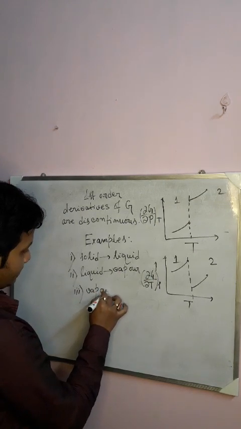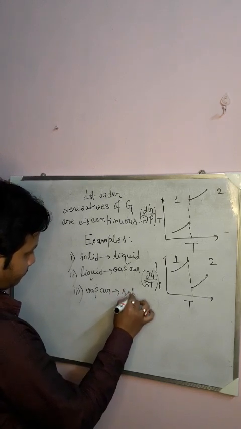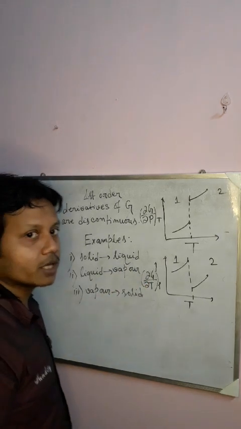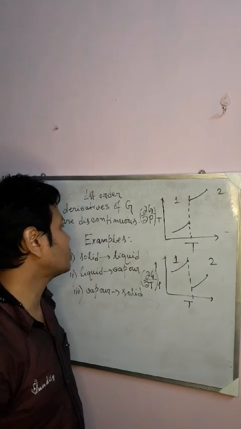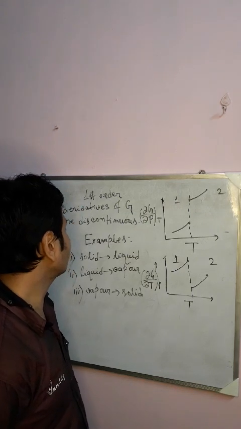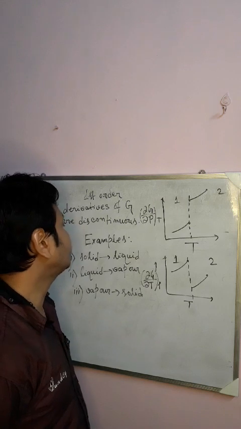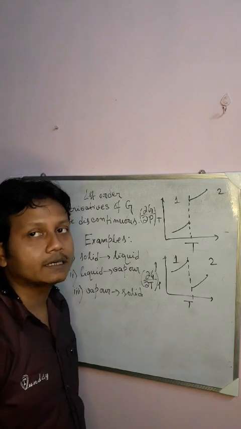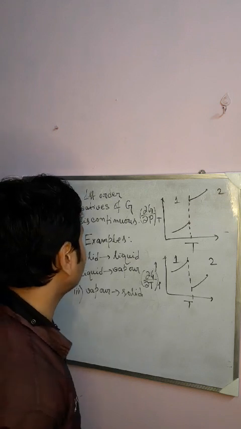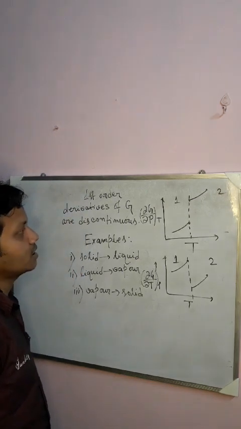These are all the examples of first order phase transitions. Okay, so conversion of solid into liquid, liquid to vapor, and vapor to solid, these are the examples of first order phase transition.